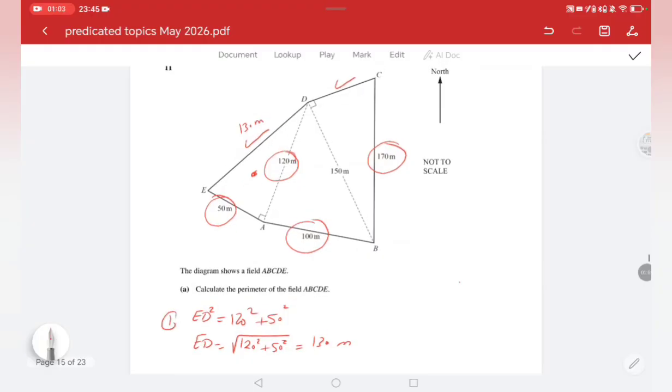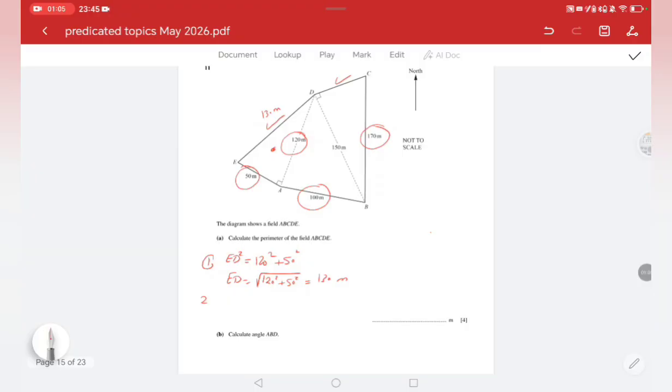Then we need to find the length of CD. So CD squared: we have here the hypotenuse, so this one 170 squared minus the other side squared, 150 squared. Take care that in Pythagoras, c squared equals a squared plus b squared, so watch which one is outside. This is the hypotenuse, the longest side, which is usually opposite to the right angle.